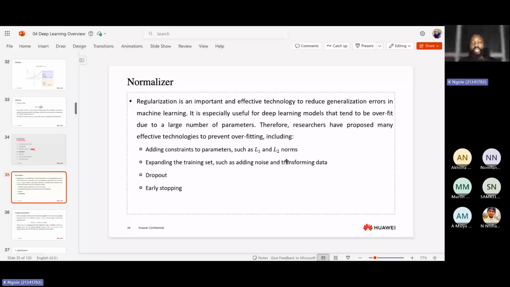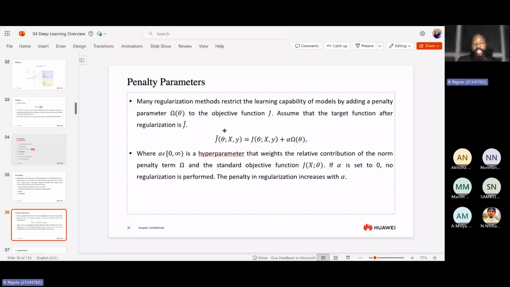First of all, we're going to add the constraint, or we can expand the data, but we spoke about that yesterday. The constraint that we're going to add can be considered a penalty parameter. So what we're going to do with the model is penalize the model for reaching certain values. So we basically create the constraint. This is an example of a constraint that we're going to have there.